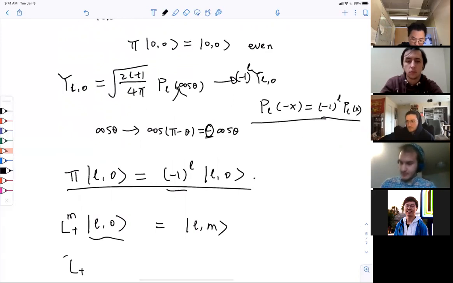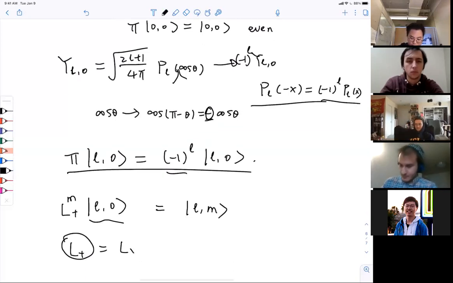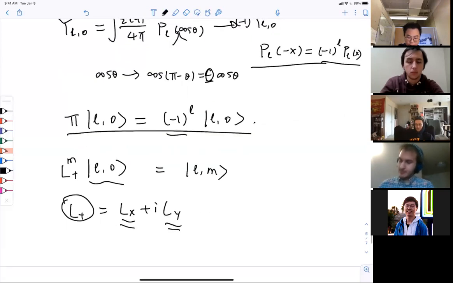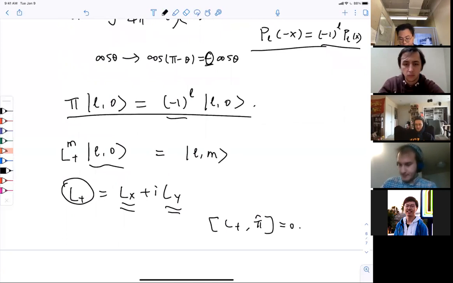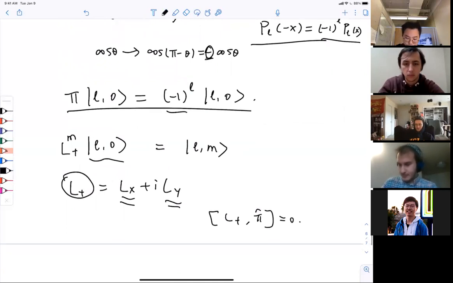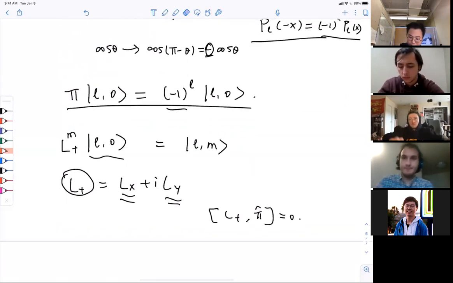And L plus will not change the parity of your state, because L plus is Lx plus i Ly. They both commute with the parity operation. So generally speaking, you can change this 0 to m.